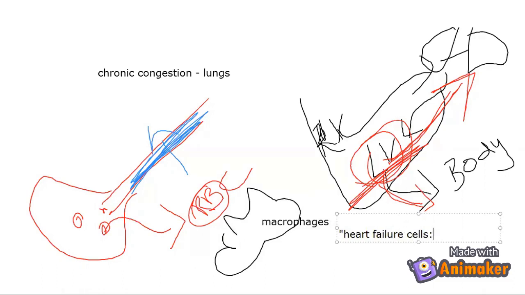What are heart failure cells? It is actually those RBCs which are pushed out due to increased alveolar capillary pressure. In other words, it is hemosiderin-containing macrophages. So these RBCs will give a brownish color due to the pigment called hemosiderin, contained in the macrophages. So hemosiderin-laden macrophages are heart failure cells, and it is occurring because of this left ventricular failure, which has pushed the blood back to the lungs. And this is what happens in chronic congestion of the lungs.